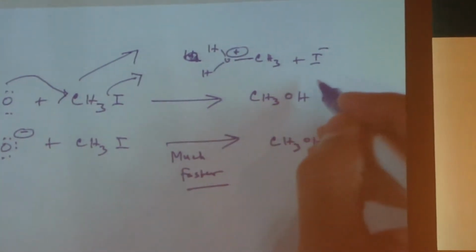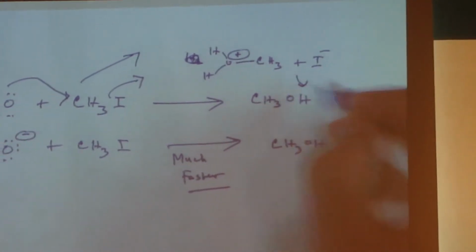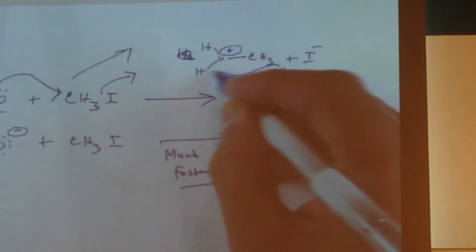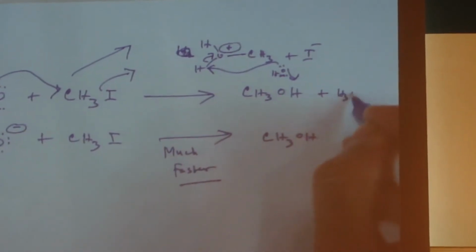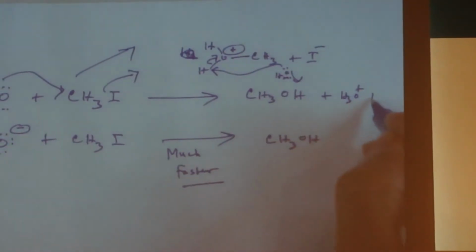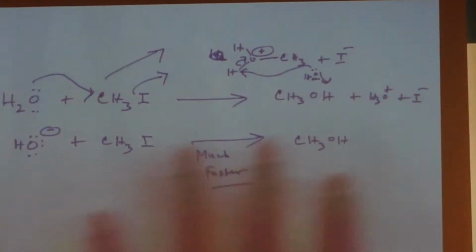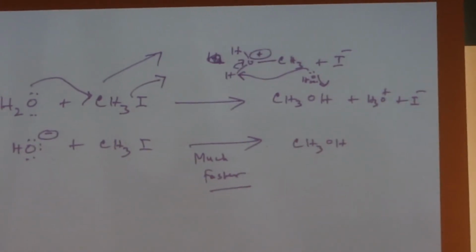And then that is going to be picked up by another molecule of water. And then you get the methanol, plus H3O plus I minus. So this is therefore a much slower reaction, but nevertheless, it can still undergo this reaction.